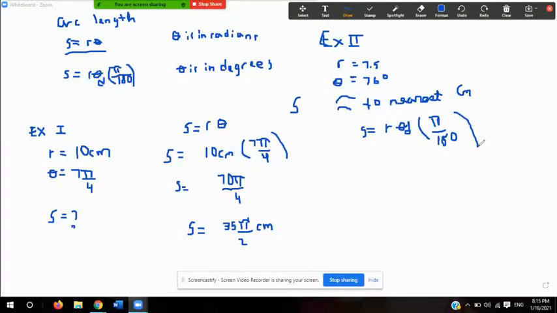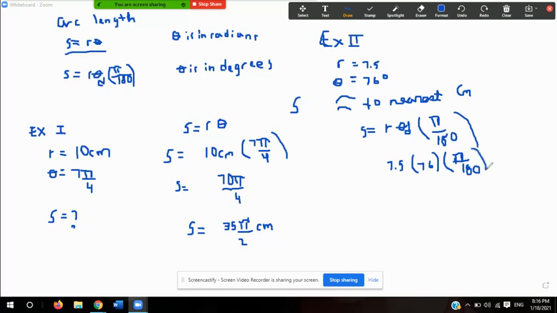So we just plug in our numbers. The radius is 7.5. Theta is 76 degrees. And pi over 180. So we use a calculator for this, and we approximate our answer to the nearest centimeter.